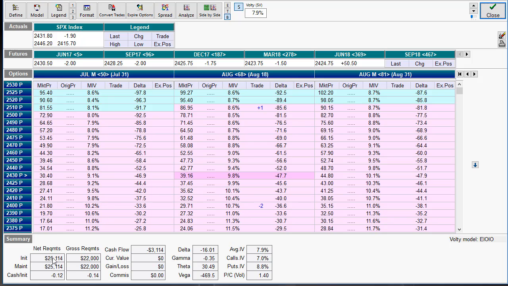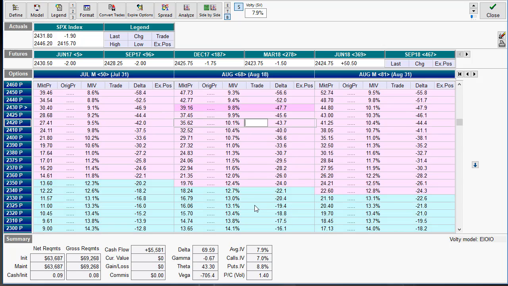It does have a higher margin impact, but the way the shorts decay when you have the wider wings as protection, these will decay faster, and these are only being used as hedges. All right, so let me know if that's a little unclear.